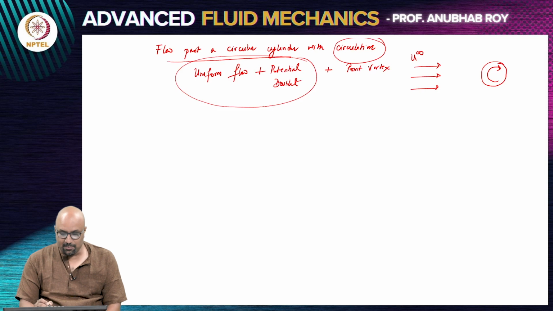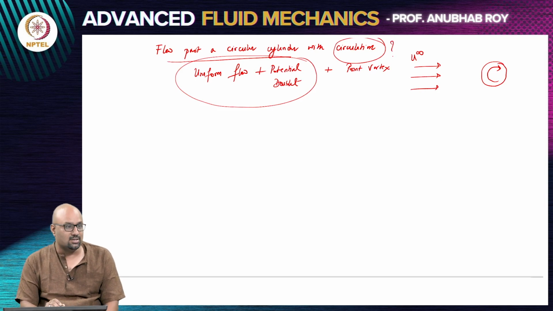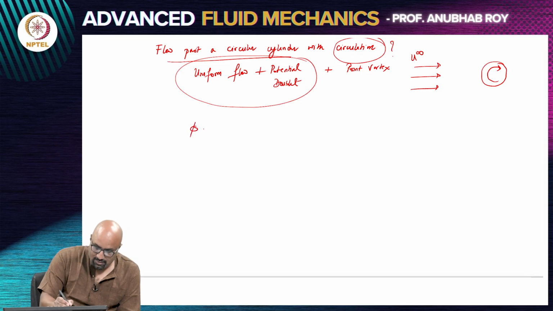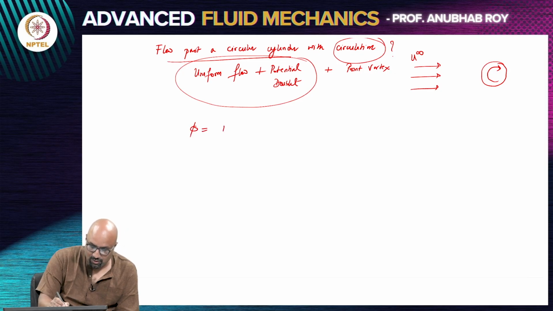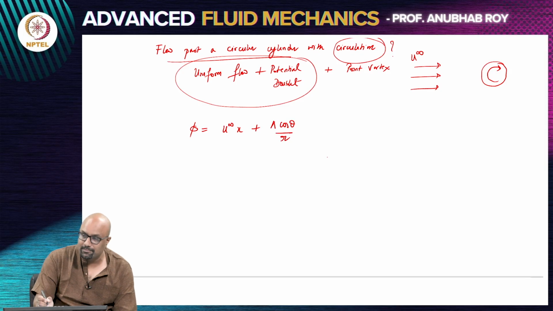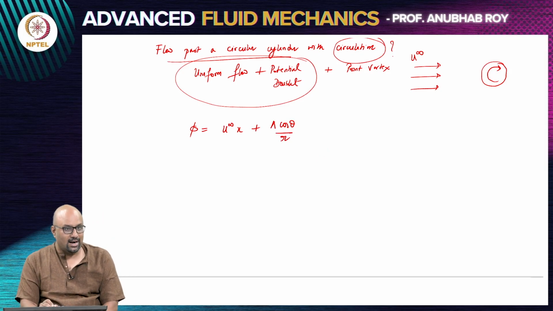So, at this point, we have not really clarified what brings about this circulation. We will discuss this after we actually see what is the consequence of this circulation on the flow field. As I said, we will now consider a potential flow which is u infinity x that we have already done, lambda cosine theta by r, and then I am basically going to add a circulation.